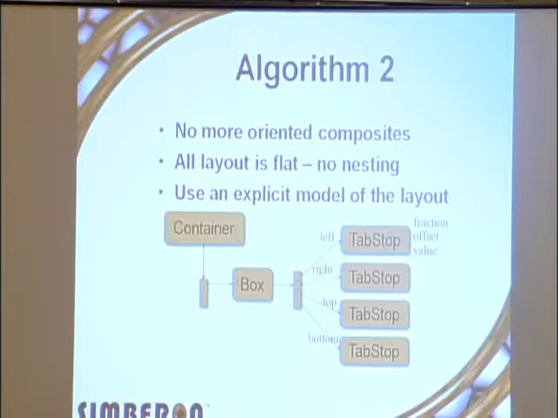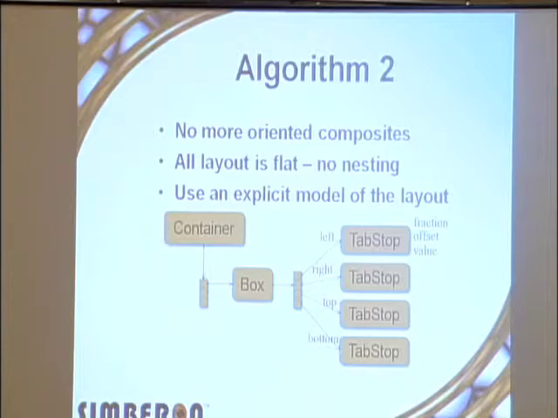So I have my own model of containers and boxes and tab stops that models what I want to happen on the real user interface. And I can fiddle with this all I want, and it's not going to flash, it's not going to recalculate. I can take a snapshot of this and store it so that later I can restore back to this. It just gives me a lot more power.